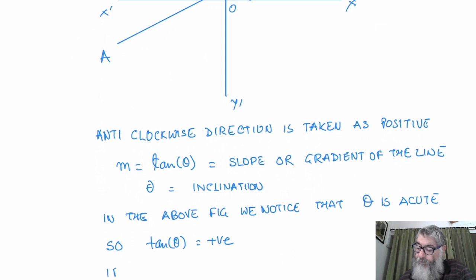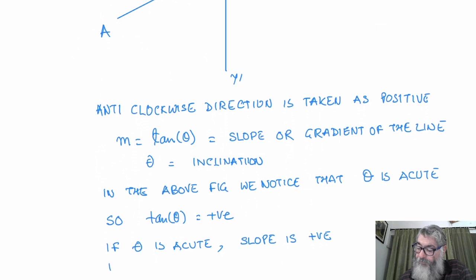So there is one conclusion we draw. If theta is acute, the slope is positive. The vice versa is also true.